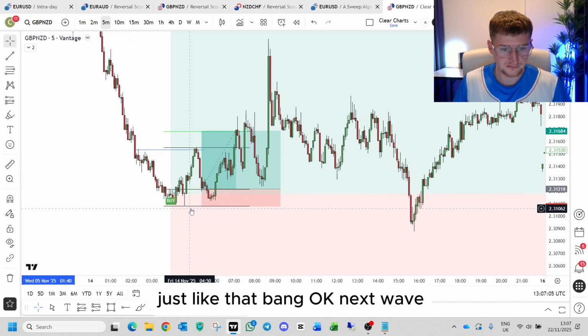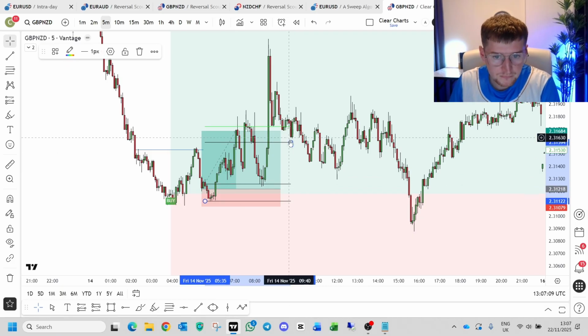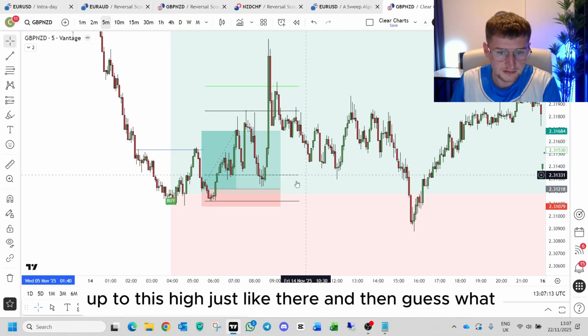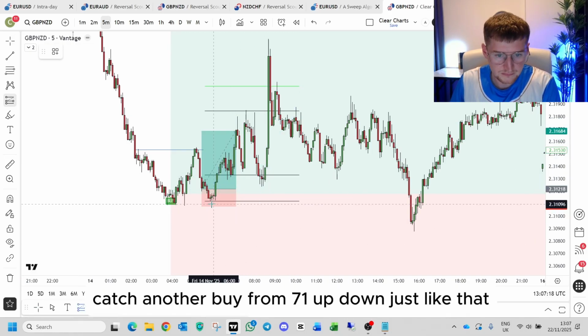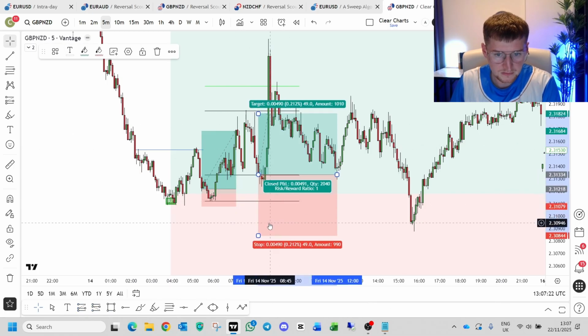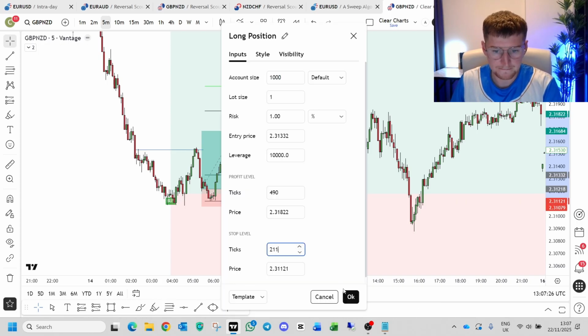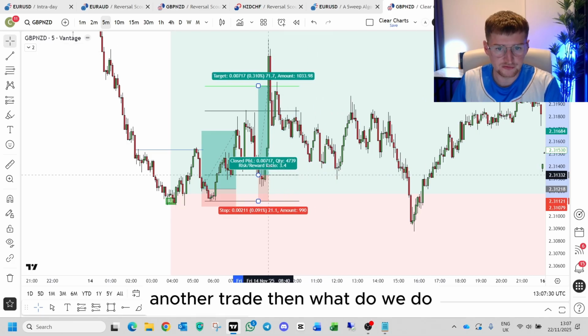Next wave, fib from this low up to this high, and then guess what, catch another buy from the 71, up, down, just like that, stop a couple ticks beneath the low, and then TP all the way up here like that, bang, another trade.